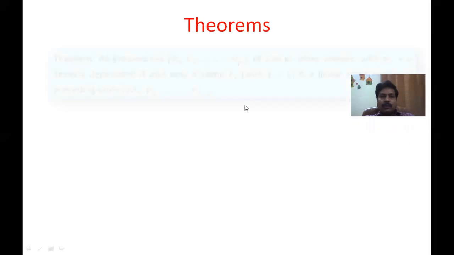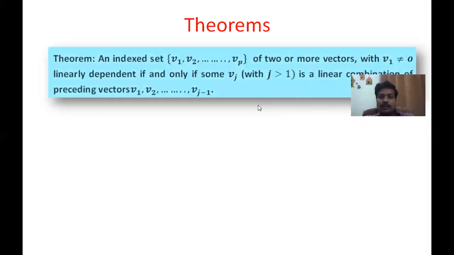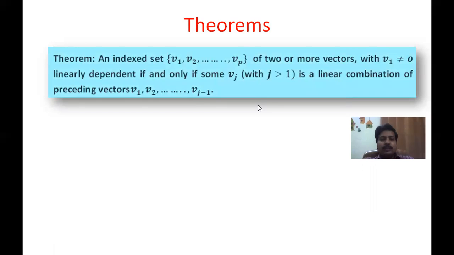So we have gone through these theorems. Let us quickly go through the statements. An indexed set V1, V2 and so on Vp of two or more vectors with V1 not equal to O, the zero vector, is linearly dependent if and only if some Vj with j greater than 1 is a linear combination of preceding vectors V1, V2 and so on Vj minus 1.